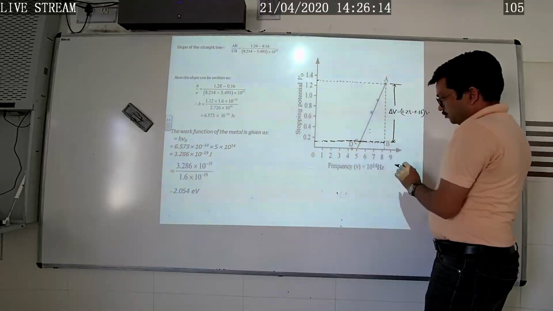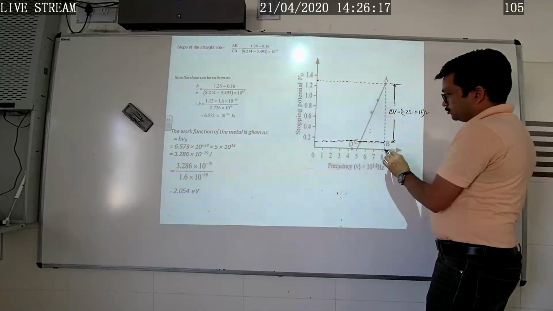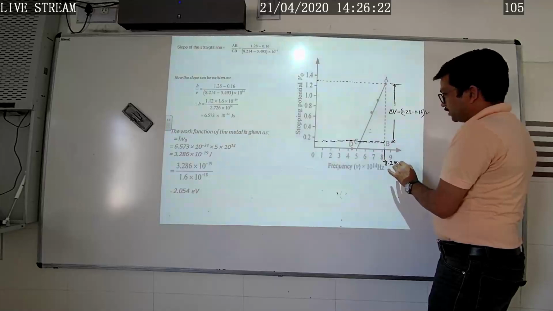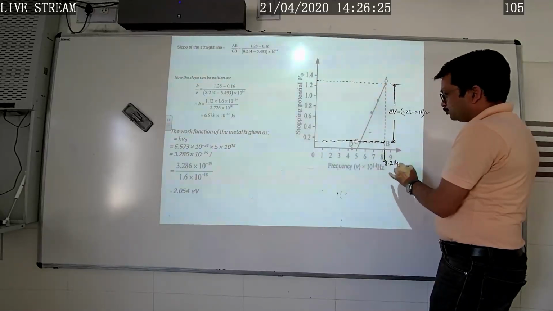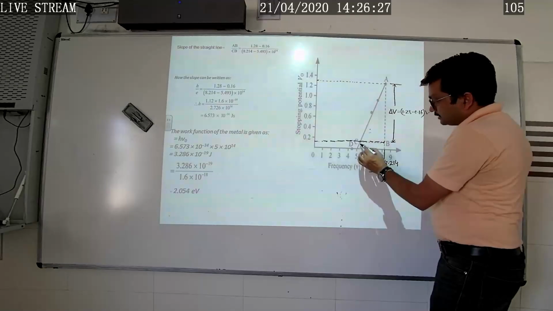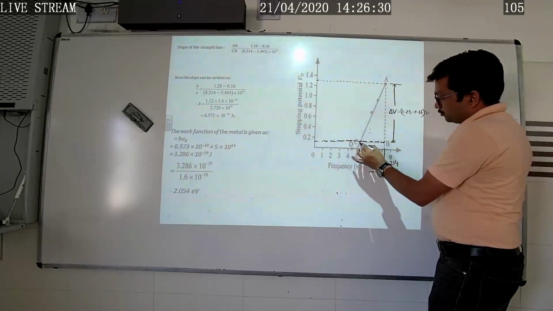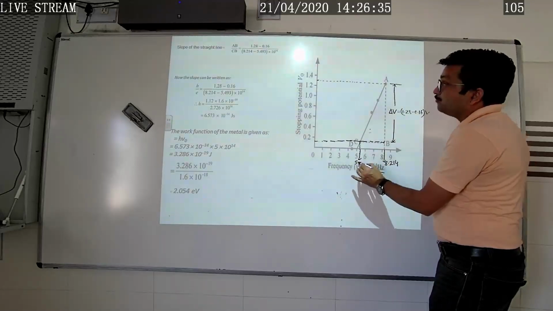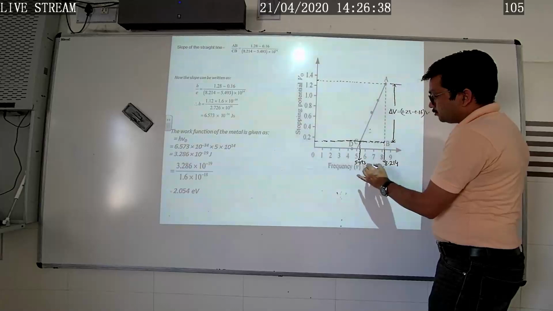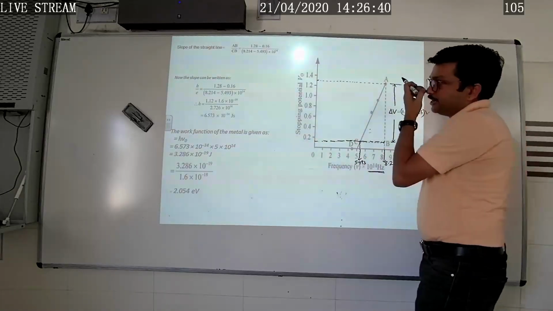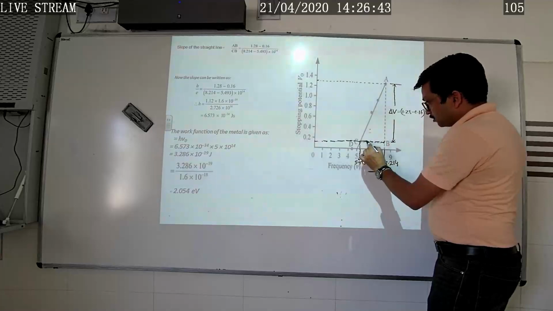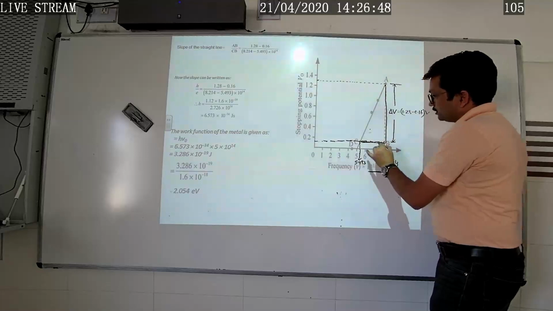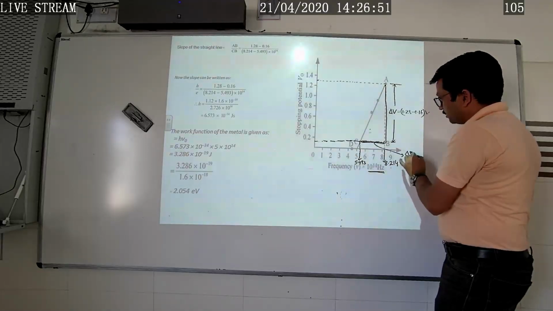B corresponds to 8.214, or simply 8.2 into 10 to the power 14 hertz, and C corresponds to 5.493 into 10 to the power 14 hertz. Taking this difference we get this value, and this difference is nothing but delta nu.